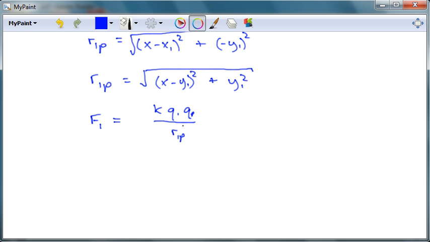I'm not going to substitute that in there at this point, but one could.